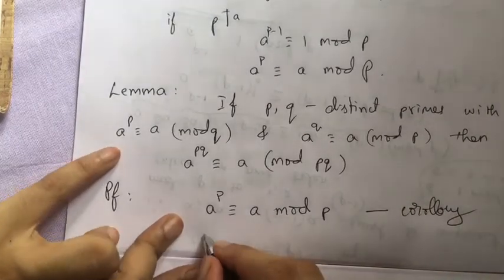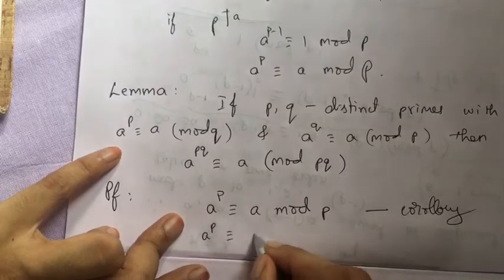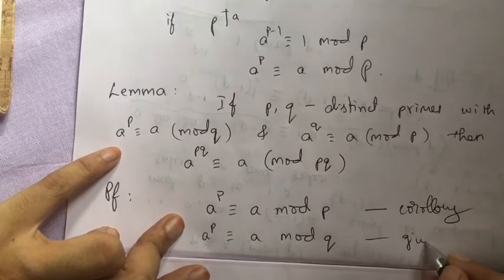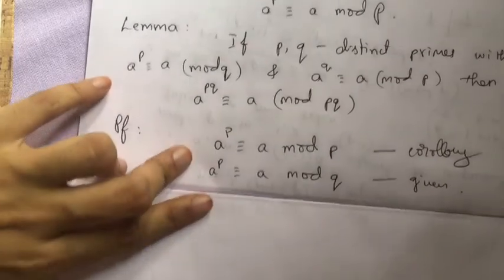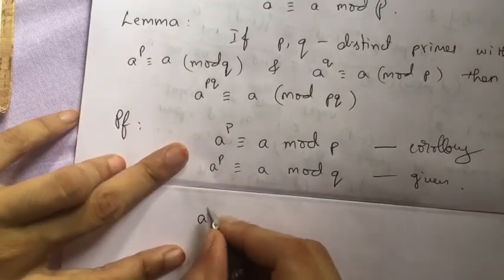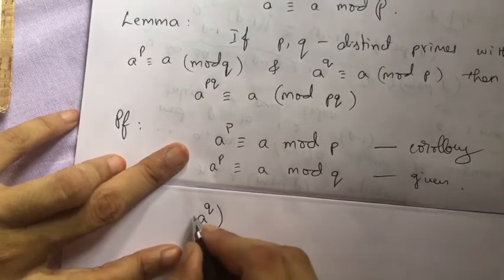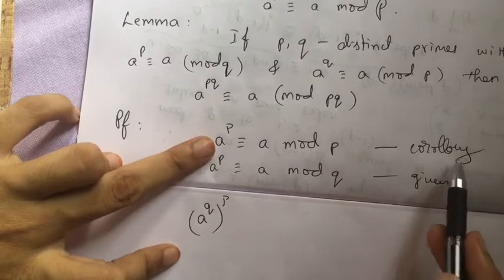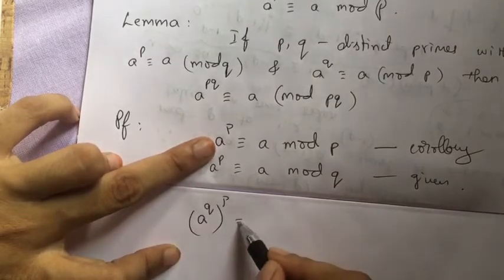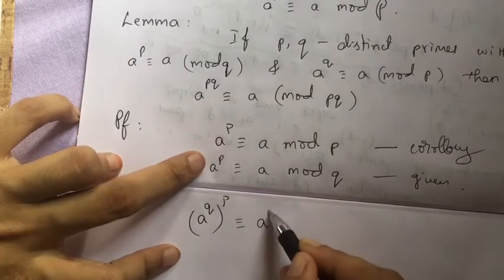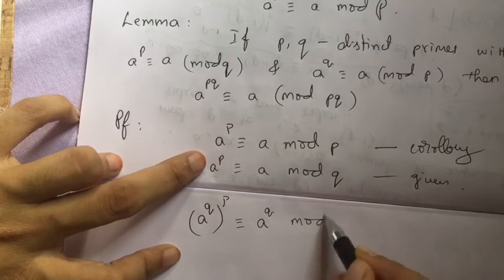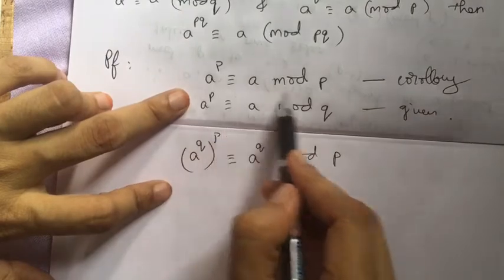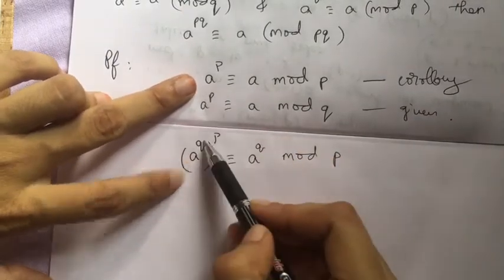Now I'll take up a power q to the power p. From the corollary, this is nothing but a power q mod p. I hope you understood. I'm applying this in place of a. I'm taking a power q.